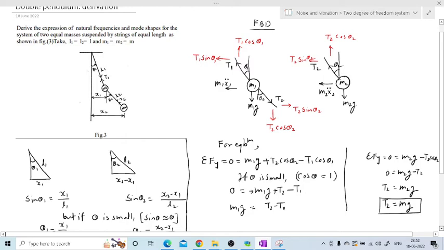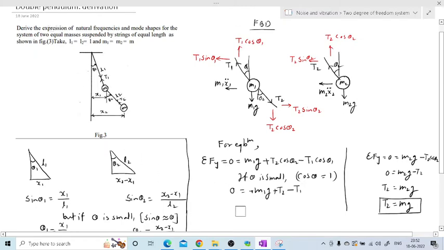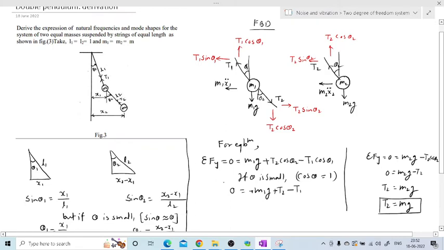Okay, so I have made one mistake here, actually m1g is positive, so I'll erase this term. So find out the value of T1 from this equation. Transfer this T1 on this side, so T1 will be equal to m1g plus T2, or you can write T1 minus T2 is equal to mg.